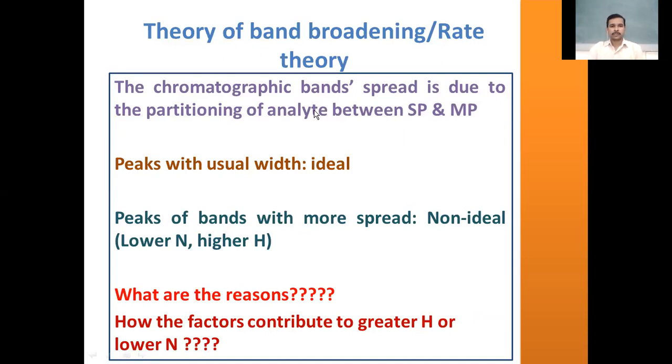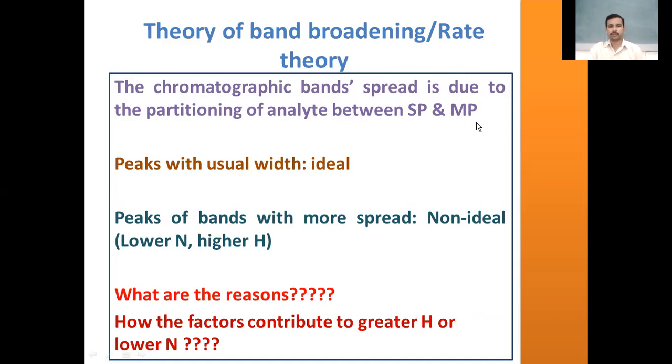Okay, so band broadening is clearly explained by rate theory, also known as the theory of band broadening. The chromatographic band spread is due to the partitioning of the analyte between the stationary phase and mobile phase. As you know, when you introduce the sample to the chromatographic column, solute molecules will be partitioning between the stationary phase and mobile phase.